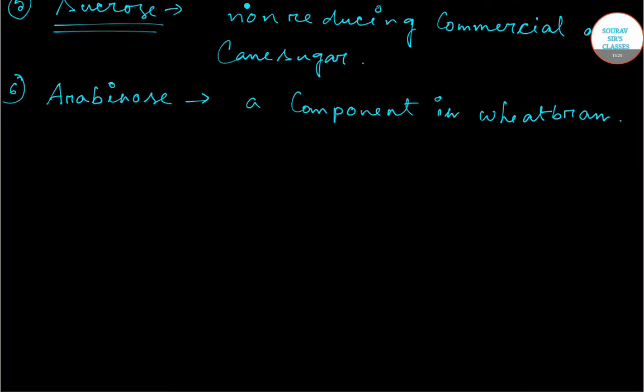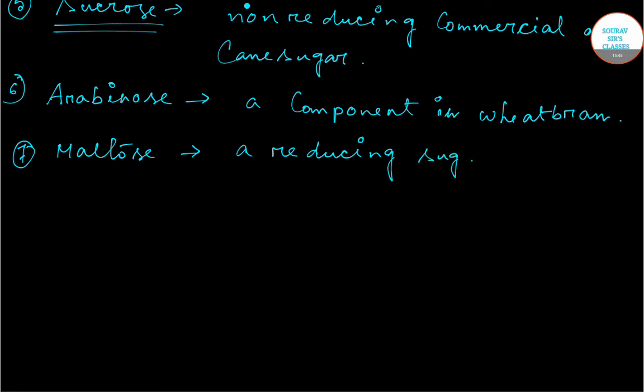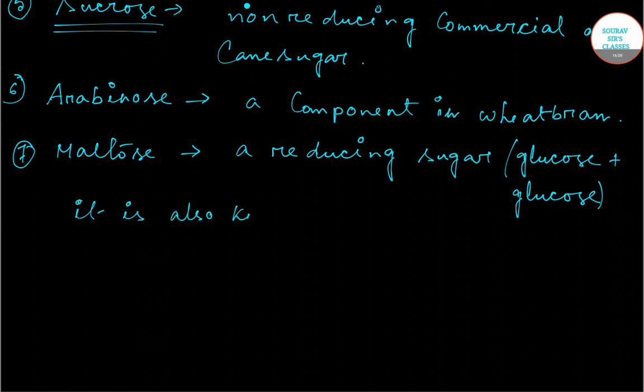Now let's take maltose. It is a reducing sugar that is made of glucose plus glucose, and it is also known as malt sugar.